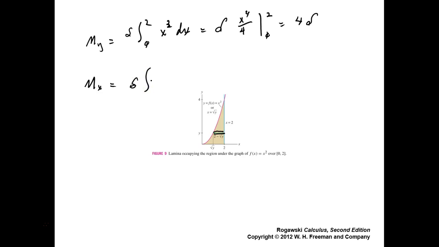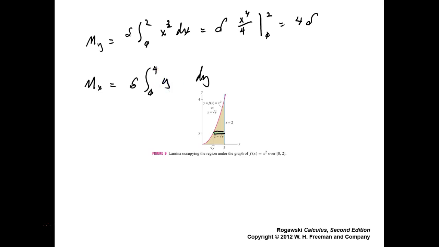What is your y going to? If you're doing dy's here, y is going from 0 to 4. Now, your dy is the thickness of that. Your y is the distance from that, so you're going to have a y in there too.